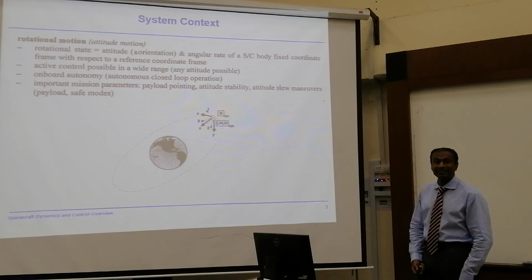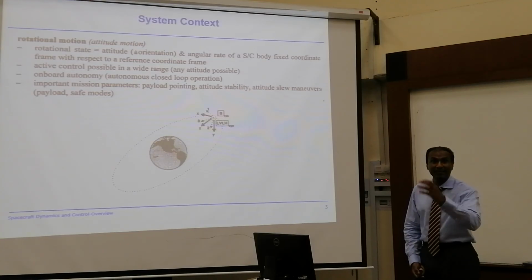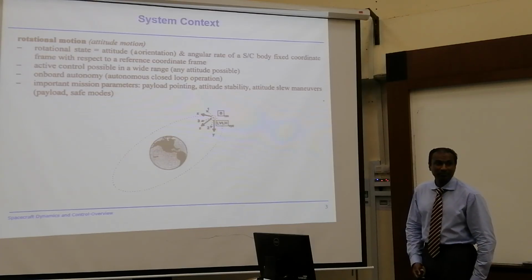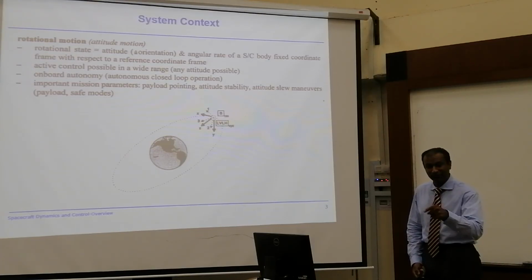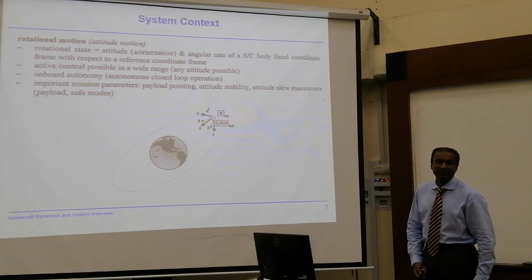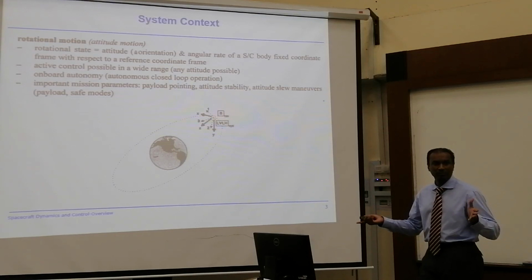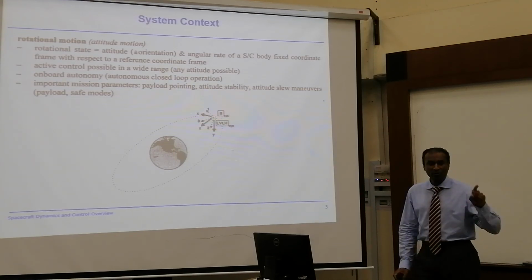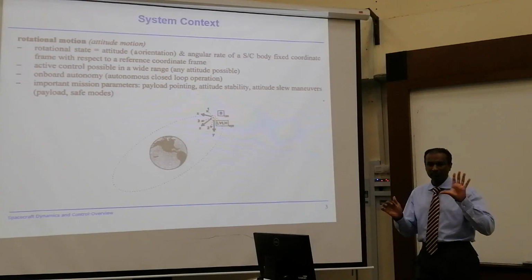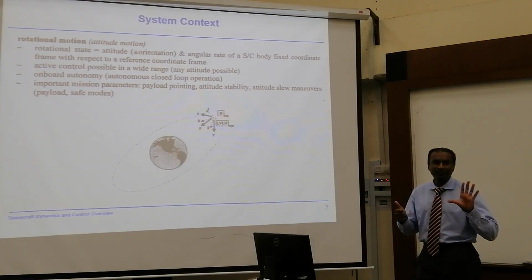Okay? So that is the reason inclination change is not automated. You decide as an operator from the ground station. Altitude change, eccentricity change. All these changes, when you want to change your orbital elements.